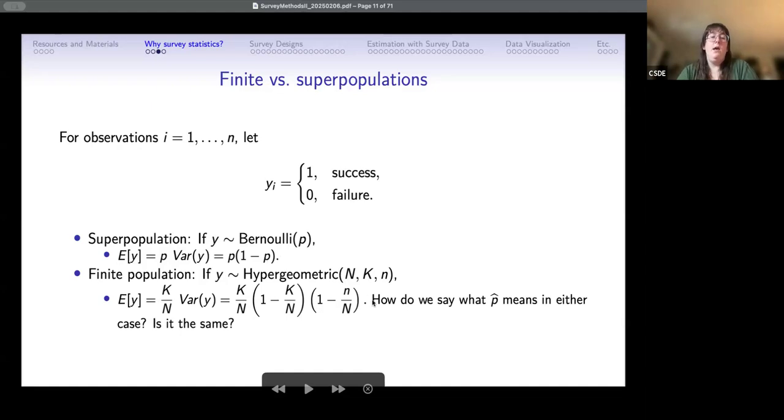Okay. Now, there is something here that we need to talk about, which is how do we interpret p hat if that was to be our estimator in each case. In a Bernoulli, what that parameter means is, if I were to flip another coin, what is the chance that coin would be heads?